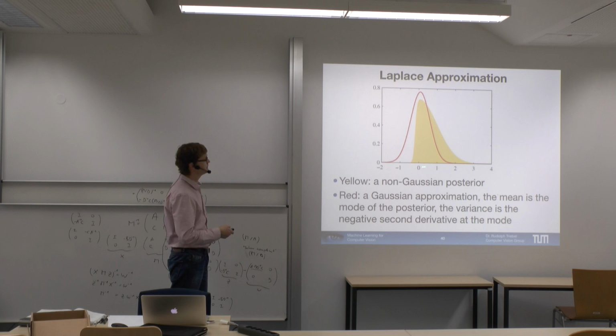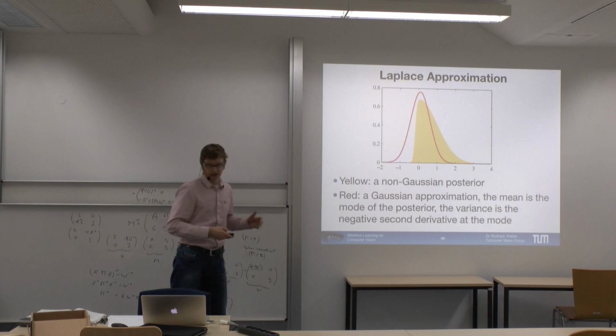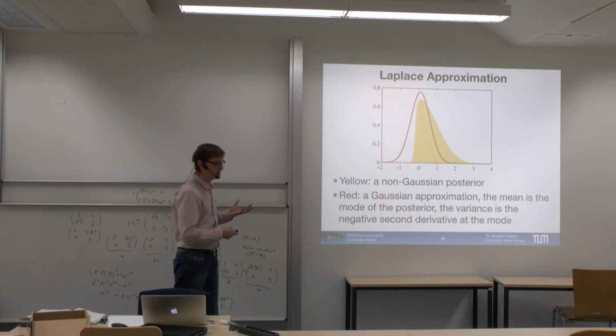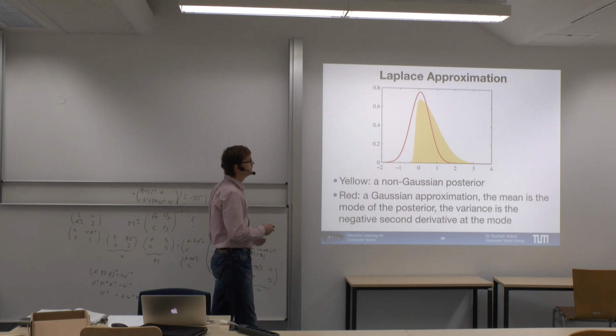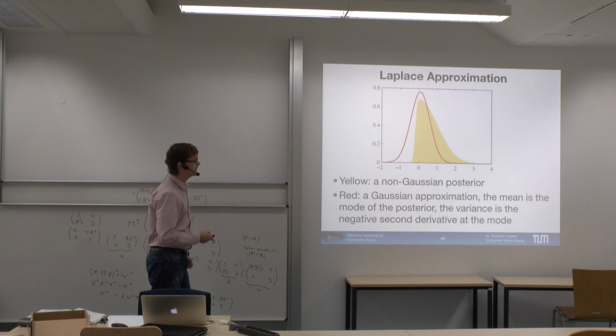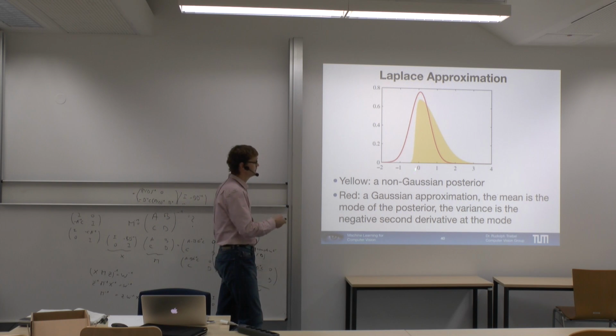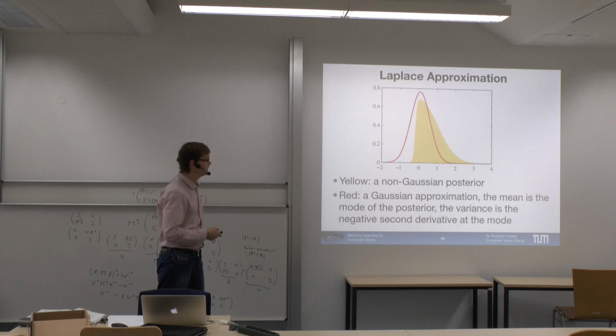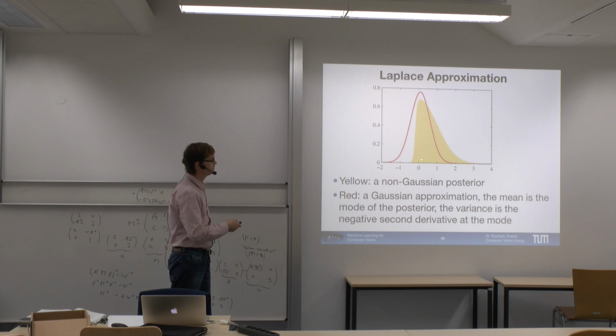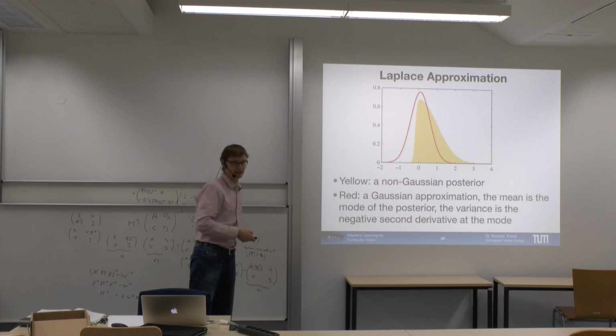And this is the way it looks like. So this is one example. The yellow-shaped area here is the posterior that we'd like to approximate, which you see is not Gaussian, right? It's something similar to a Gaussian, but it's not a Gaussian. And what Laplace does is it finds the mode, right, which is the same as a mean for the Gaussian, which is the maximum of our distribution that we'd like to approximate, the yellow one, and around that we compute the Hessian, right, at this position.